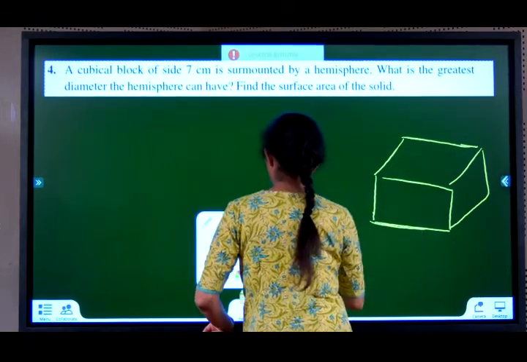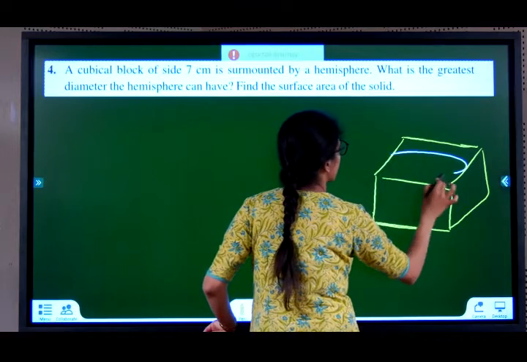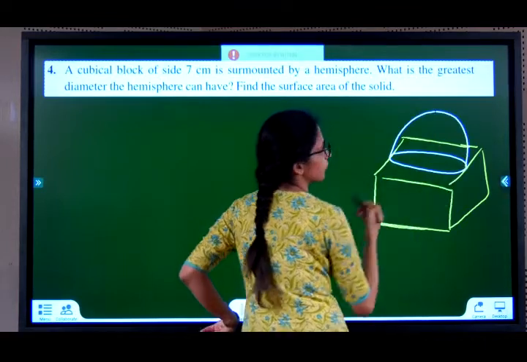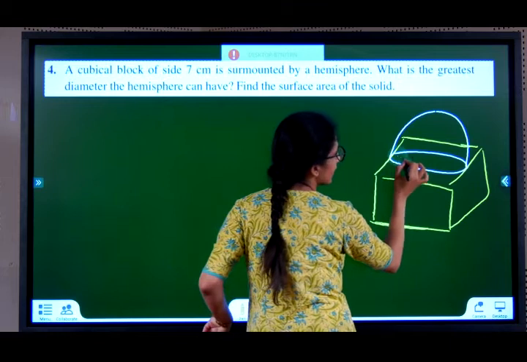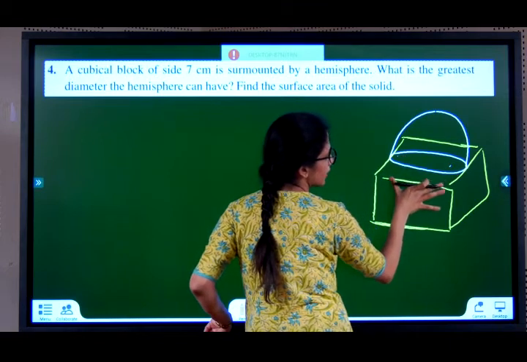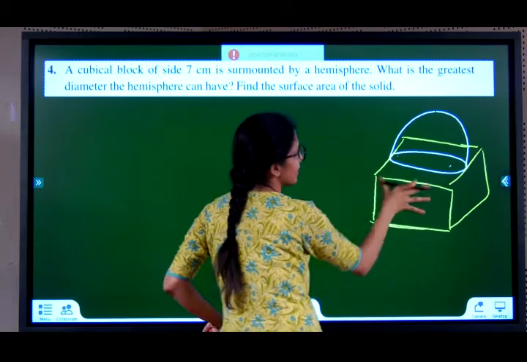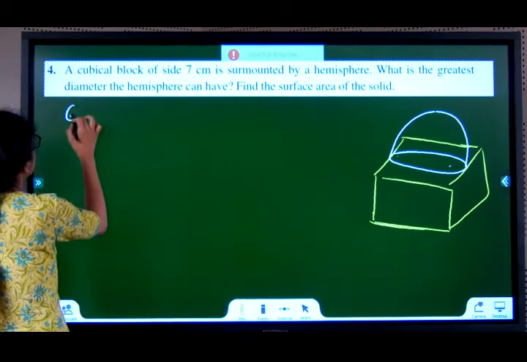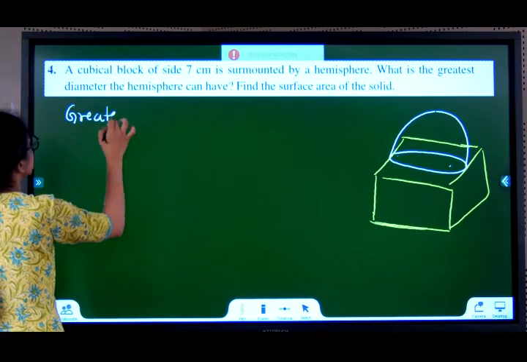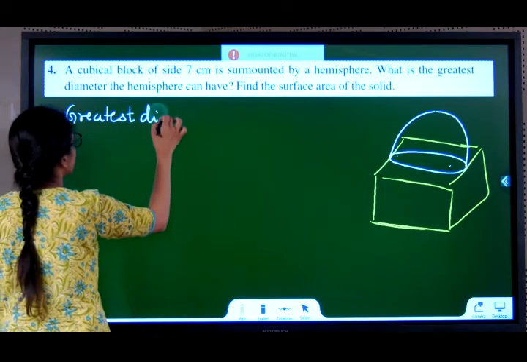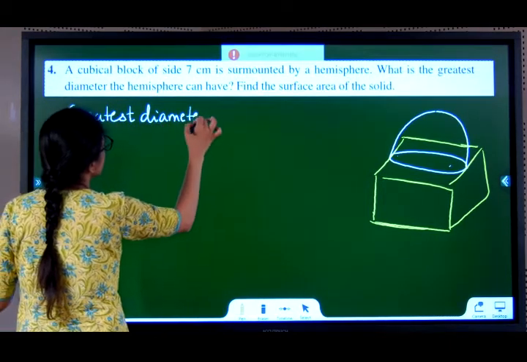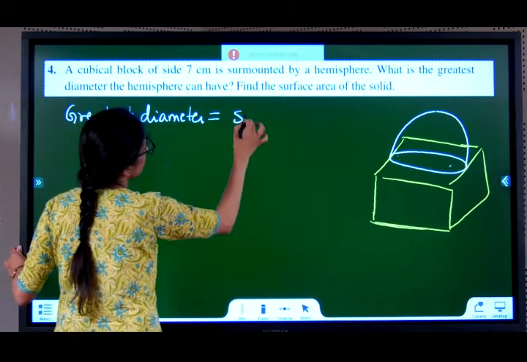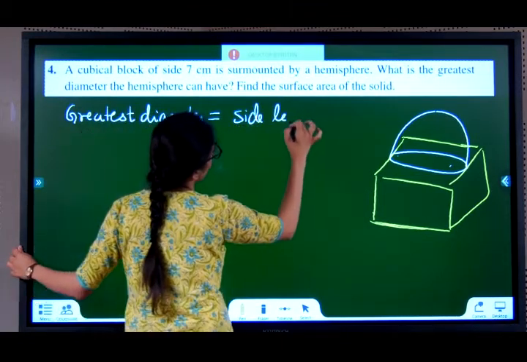The greatest possible case is when I keep such a big hemisphere. That means the diameter of the hemisphere is the same as the side length of the cube. Agreed? So, the greatest diameter possible is nothing but the side length of the cube.